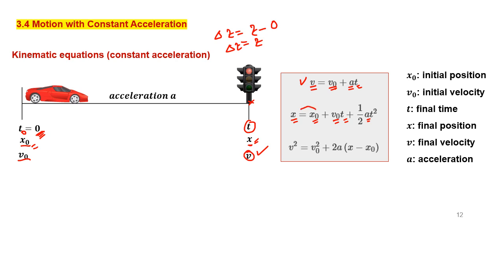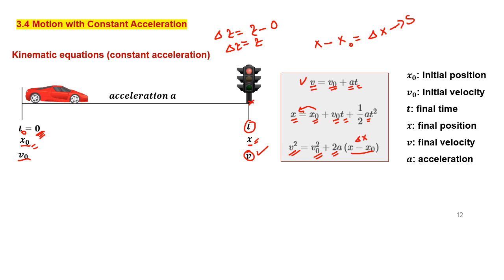Suppose you take this x0 to the left side, you get x minus x0. It is delta x, the displacement. In school you might have used the letter S for displacement. Another equation is v square, the final velocity square, equal to initial velocity square plus 2 times acceleration multiplied by x minus x0, which is delta x.